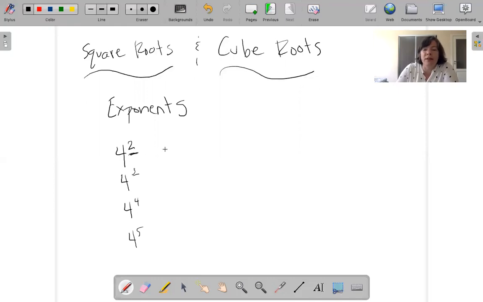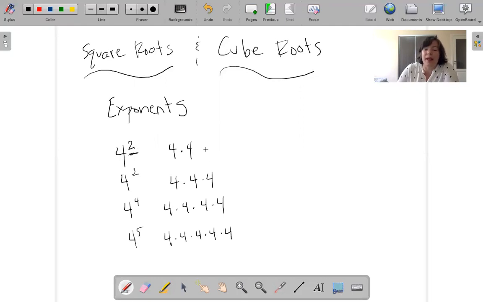4 squared means 4 times 4. 4 cubed means 4 times 4 times 4. 4 to the 4th means 4 times 4 times 4 times 4. 4 to the 5th means 4 times 4 times 4 times 4 times 4.